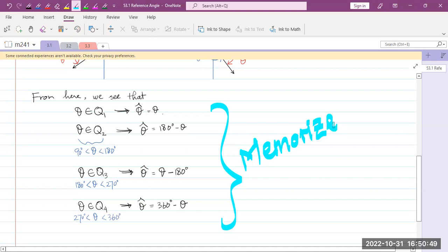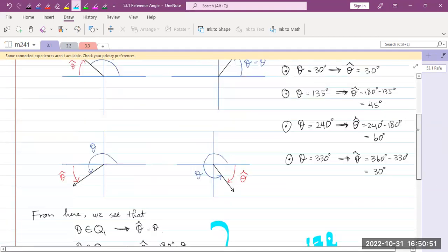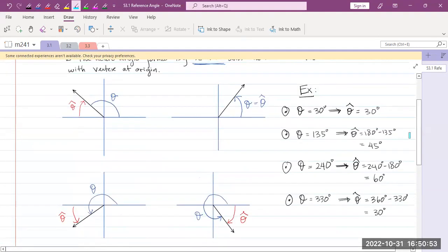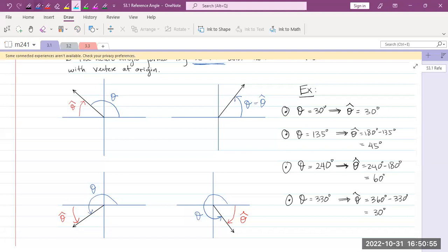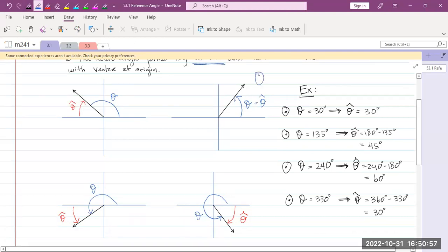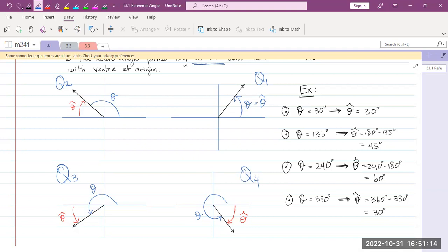My best suggestion, actually, memorize the picture. Memorize this picture. If theta is in quadrant 1, if theta is in quadrant 2, if theta is in quadrant 3, if theta is in quadrant 4, what does the picture of that theta look like, and therefore what's the reference angle.